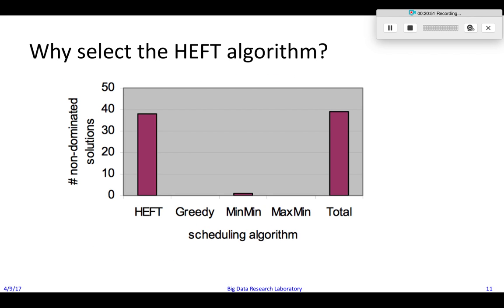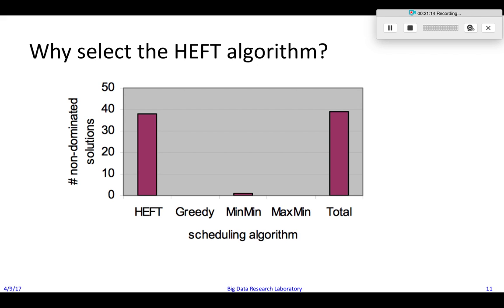So why does the user select the HEFT algorithm? From the picture, we can see that the x-axis is the scaling algorithm names, and the y-axis is the non-dominated solutions.